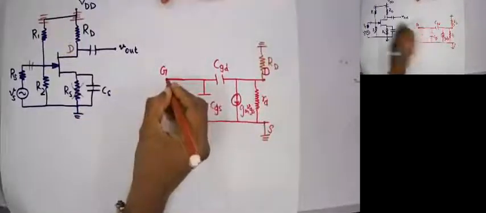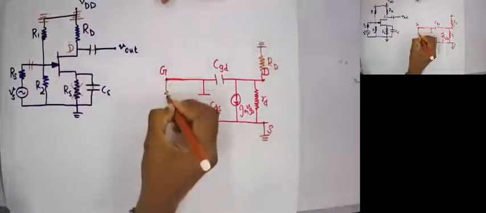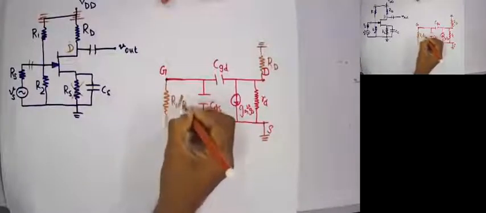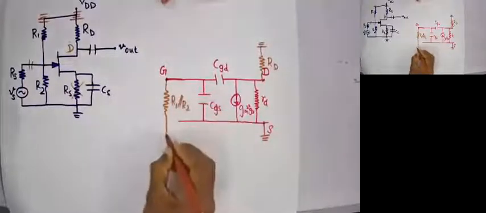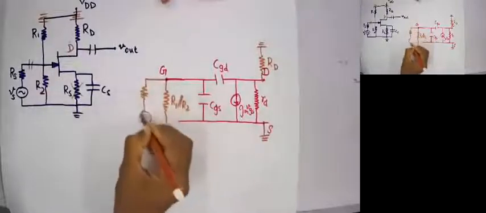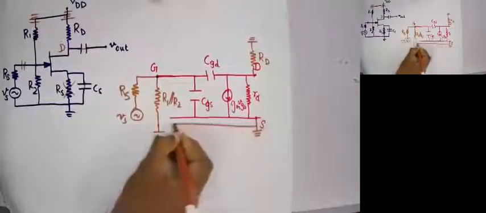Since at the gate I have R1 to ground and R2 to ground, what I can do is have a single resistance which is R1 parallel R2, and that is grounded. And then from the gate I have RS and VS, and this is simply short circuited.